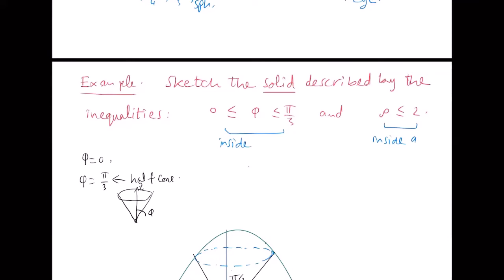This is phi equals pi over 3. This is the upper half cone. From phi equals 0, from the z-axis. So this inequality gives all the points inside the half cone phi equals pi over 3.